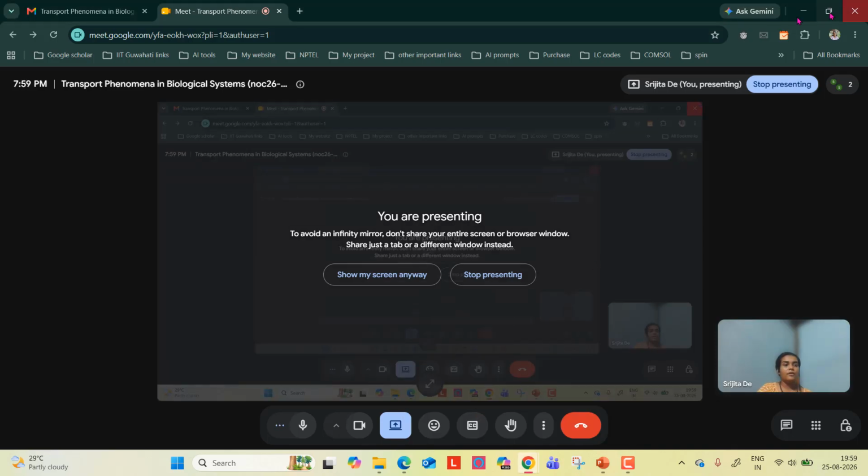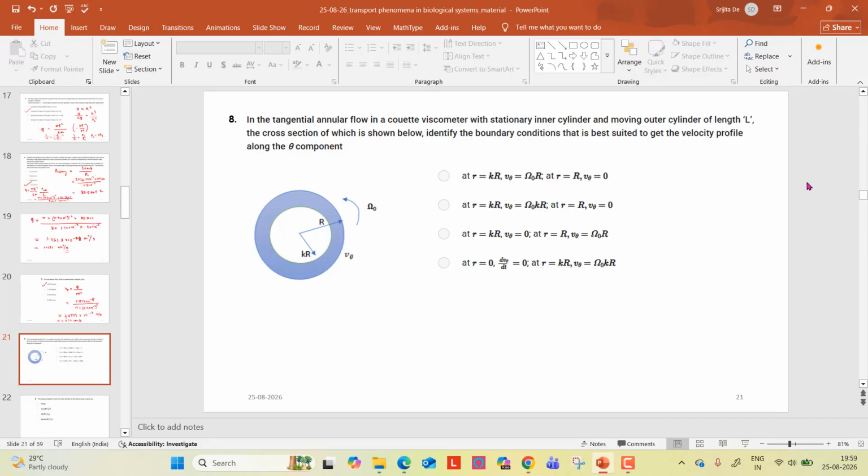For this case, there is an annular flow happening. Okay, and suppose there is this kind of situation.